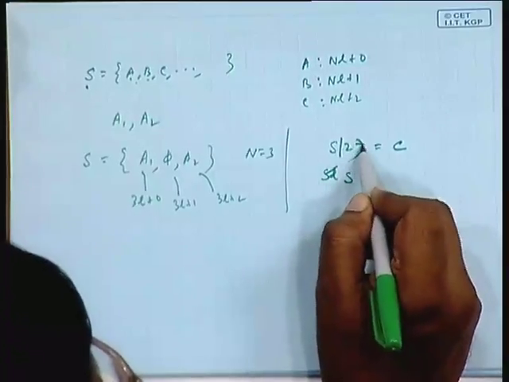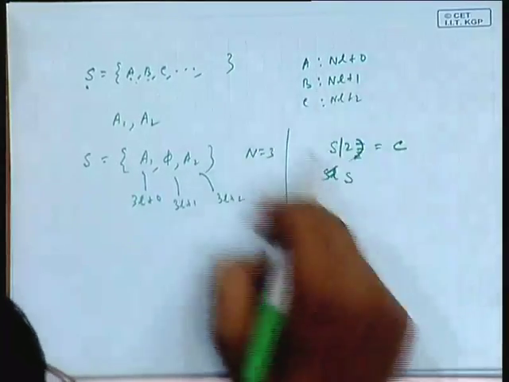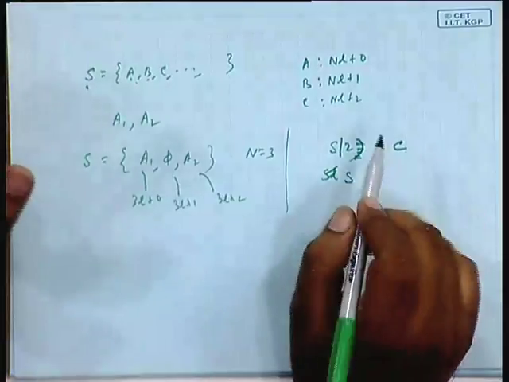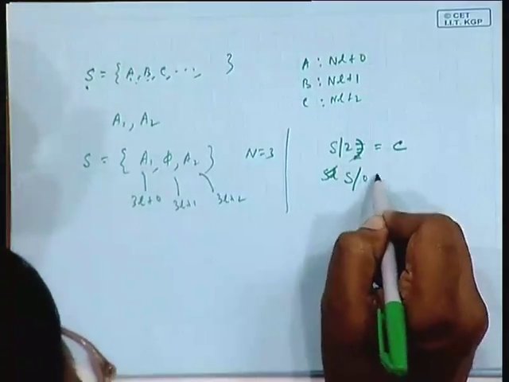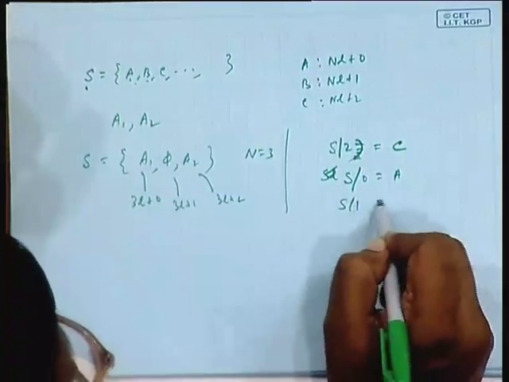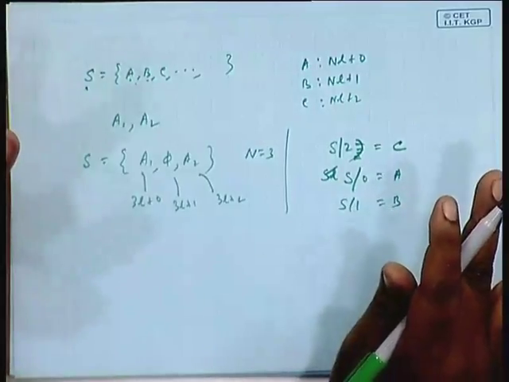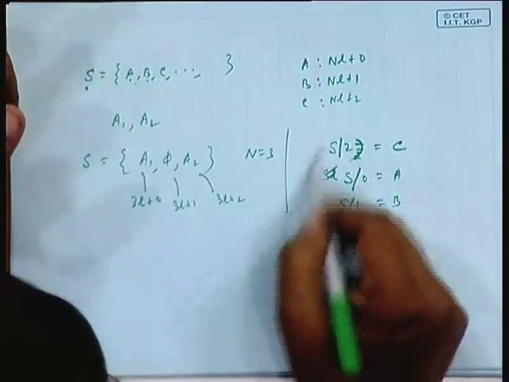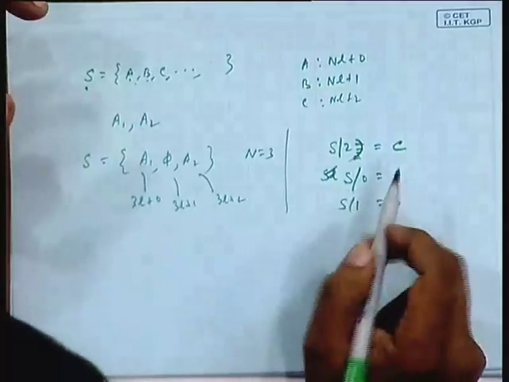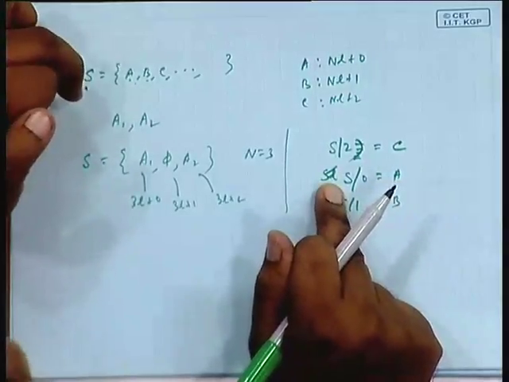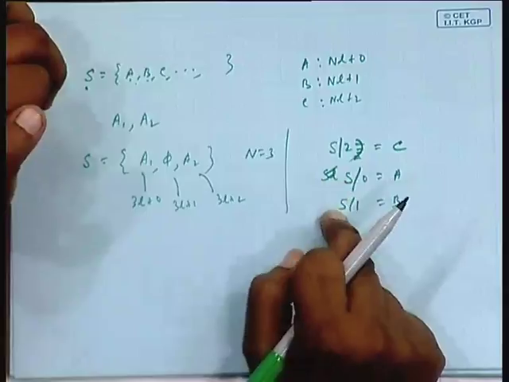Let me not use his notation with the extra parenthesis. S by 0 is A, S by 1 is B. So just looking at this, you can say that it belongs to the folding set S and its schedule is 0 or 1, like that.